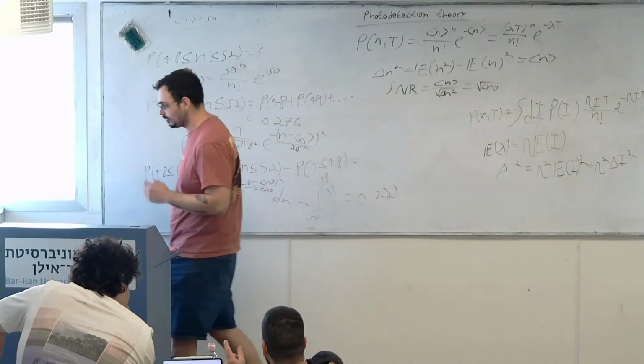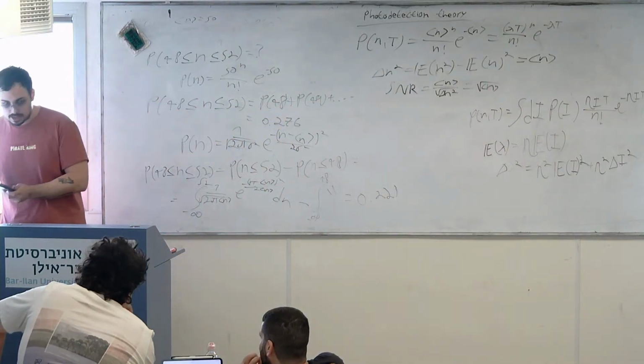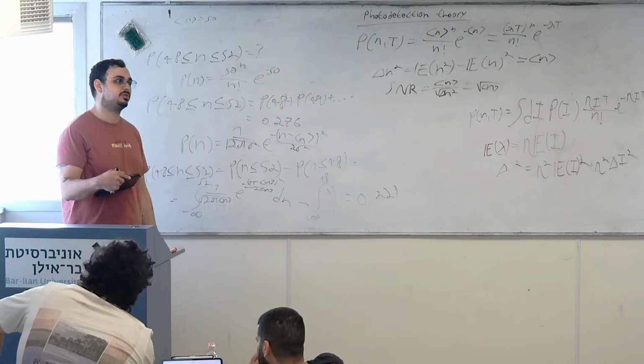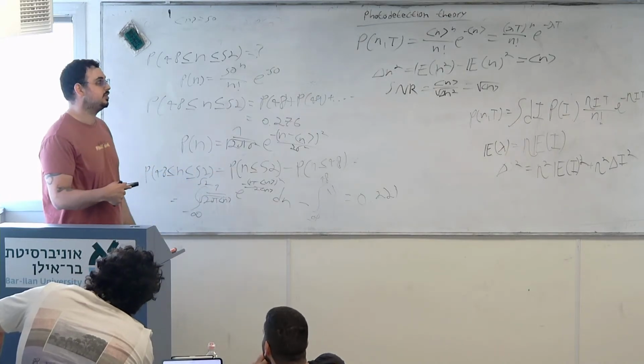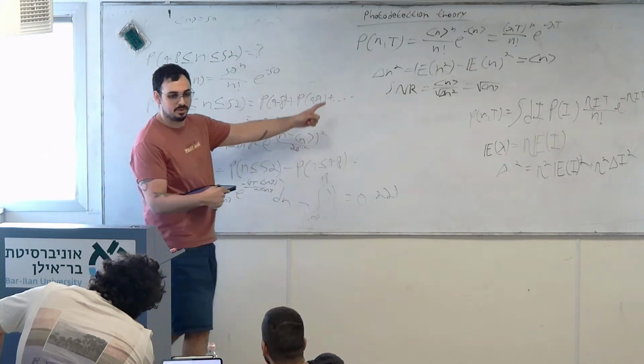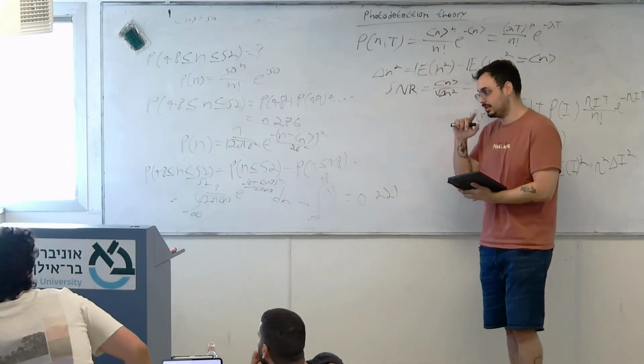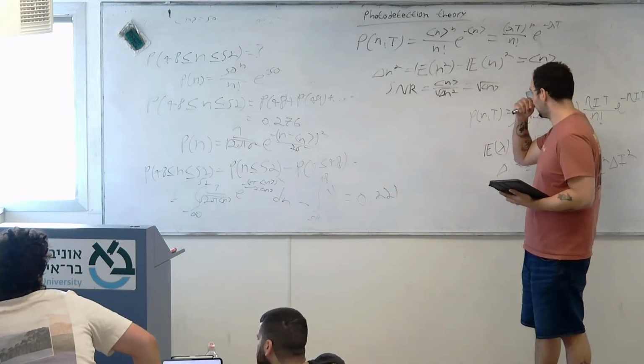Gaussian for a specific number is 0. Yes, but that's why we integrate. You can think of the Gaussian as the probability distribution that describes the Poissonian distribution.